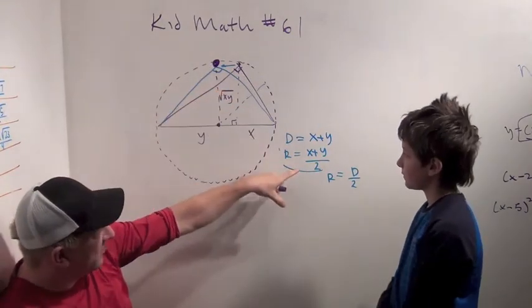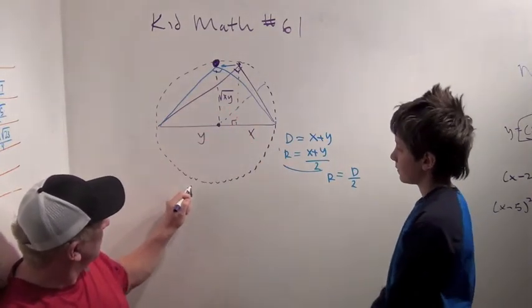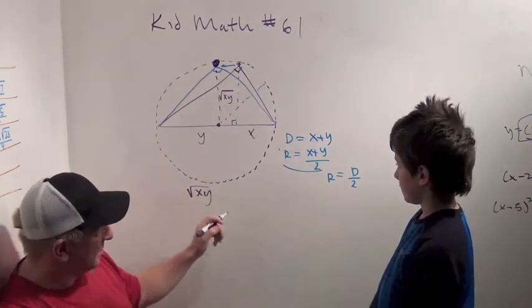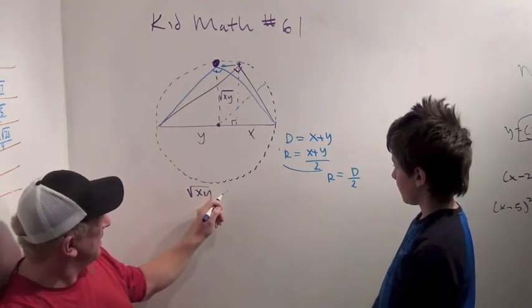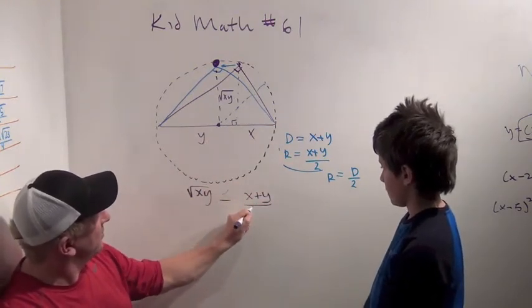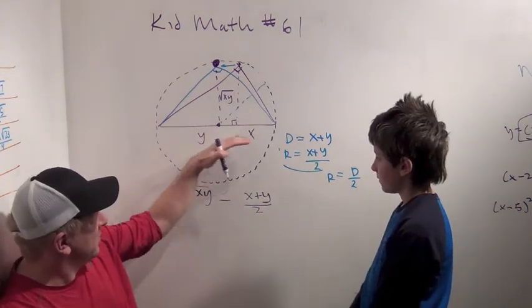But this geometry gives us some very interesting algebra, because we have just seen that the square root of xy, which is the length of that altitude, has to be less than or equal to x plus y over 2. Now, these could be any numbers.